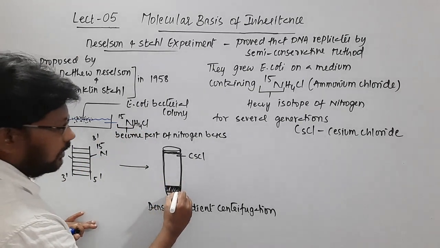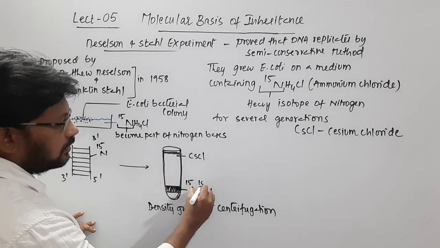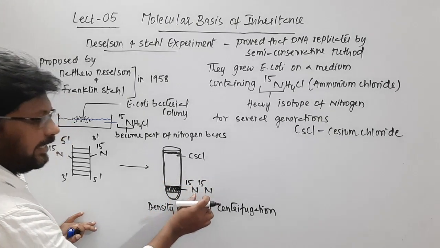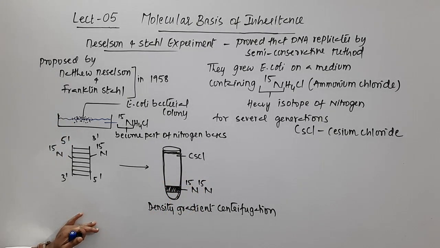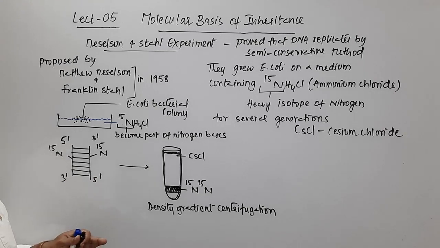That's why I mention N15 and N15, two times, indicating the two strands. This is what we saw for the E. coli grown in the nutrient medium having N15H4Cl for several generations.